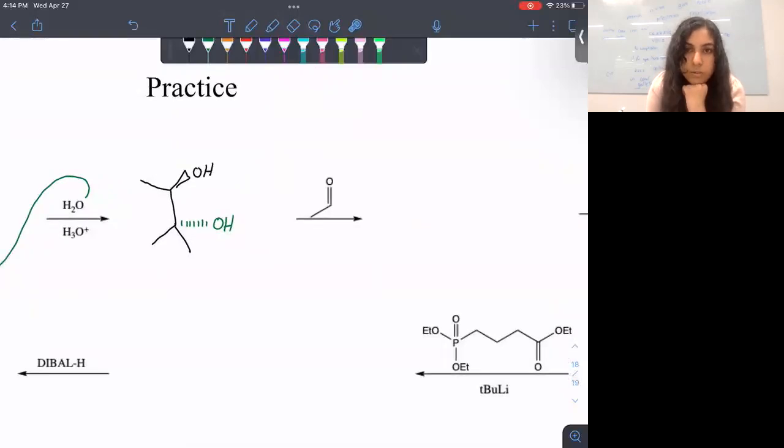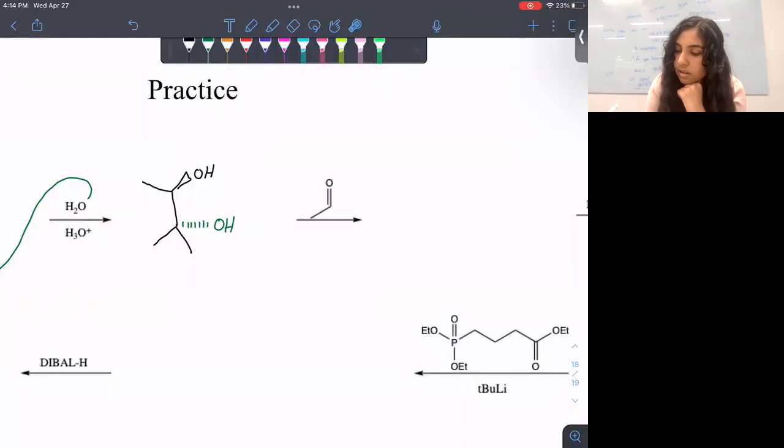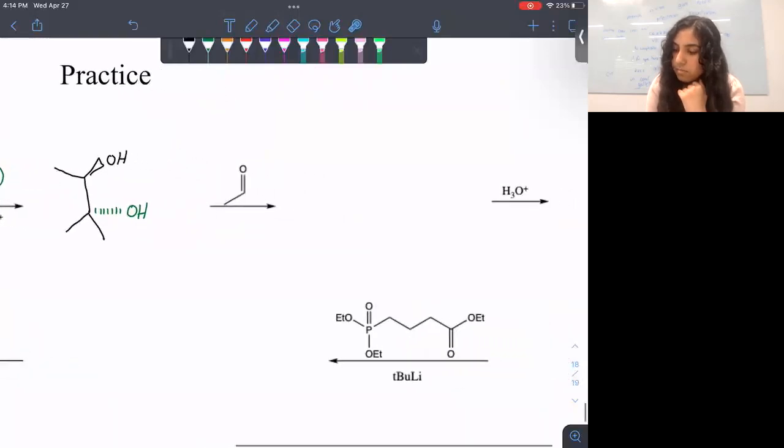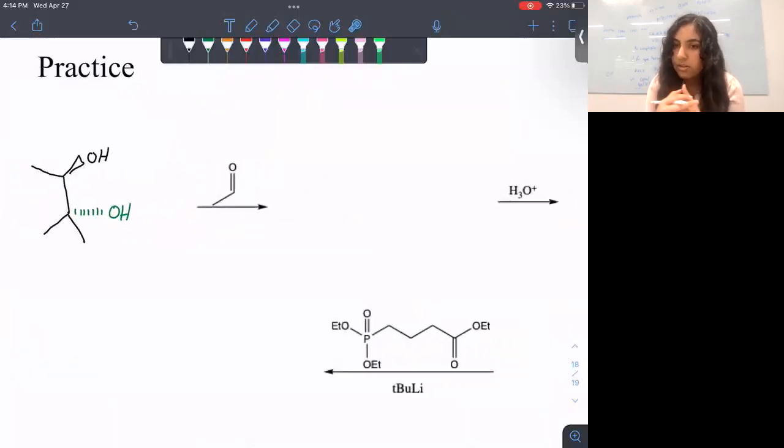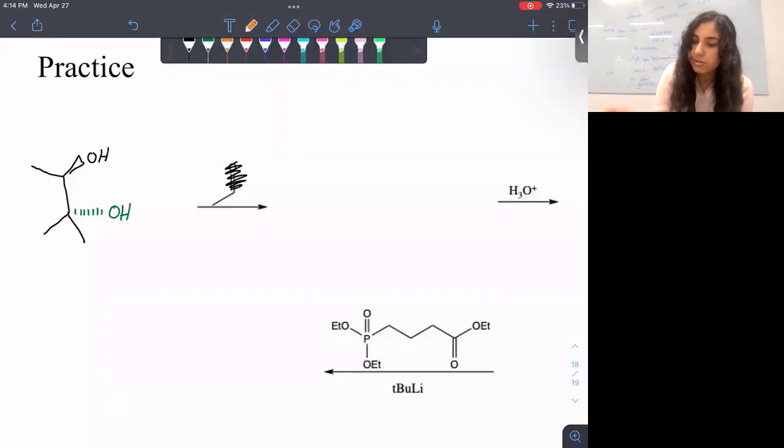But now we're given this diol and aldehyde. So an aldehyde plus a diol, if you remember from chapter 16, is going to give you your cyclic acetal. For the acetal formation, all we do is get rid of the carbonyl basically. So the carbonyl goes away, and then we create new bonds from each of the oxygens to the carbonyl carbon.